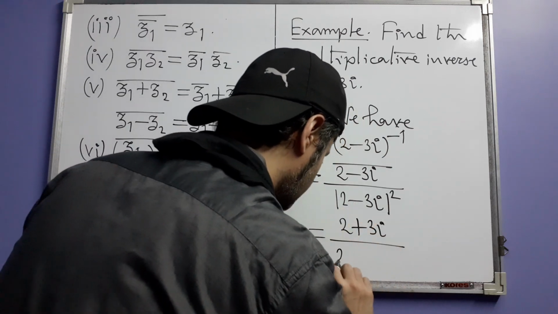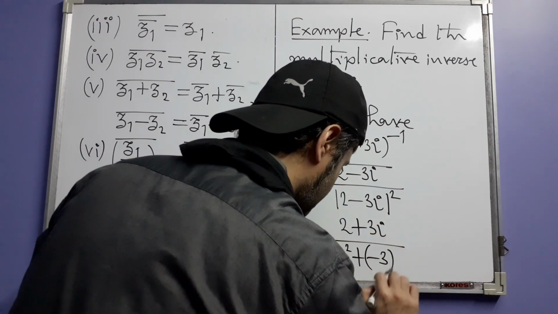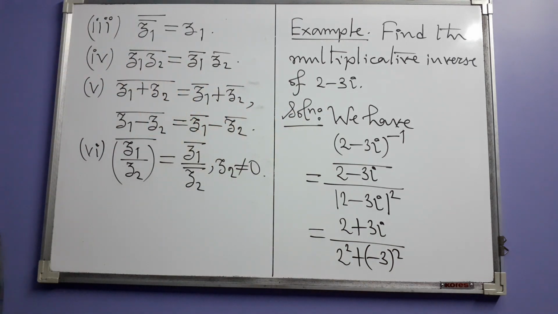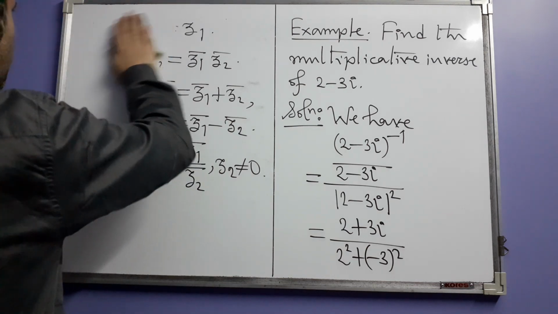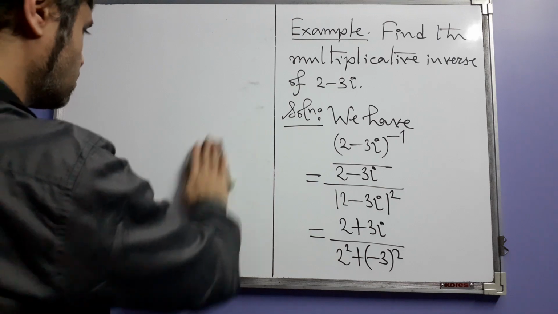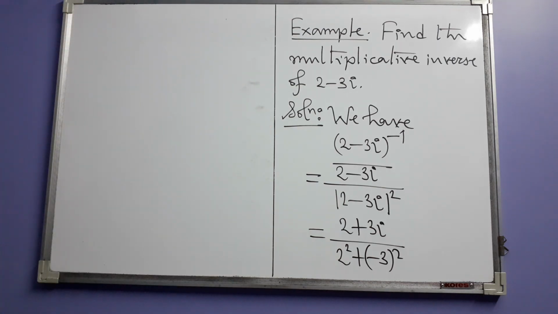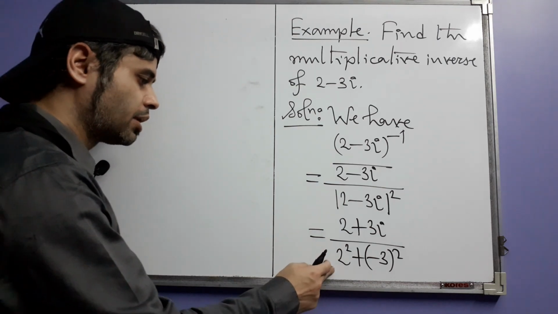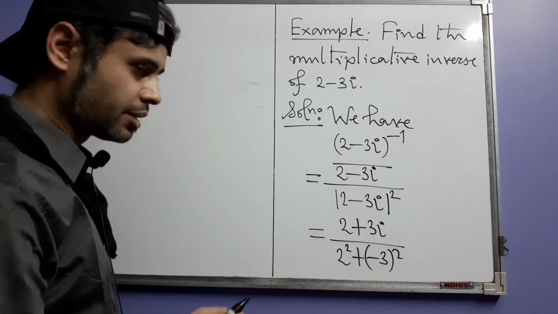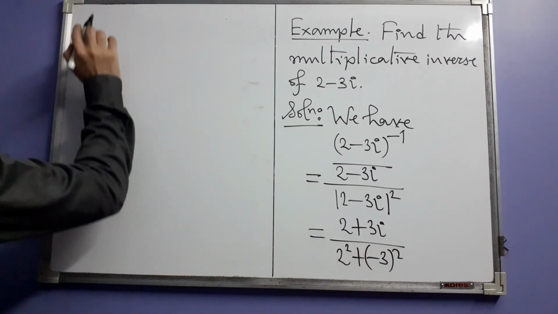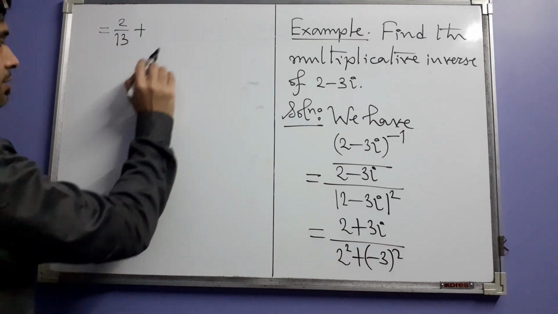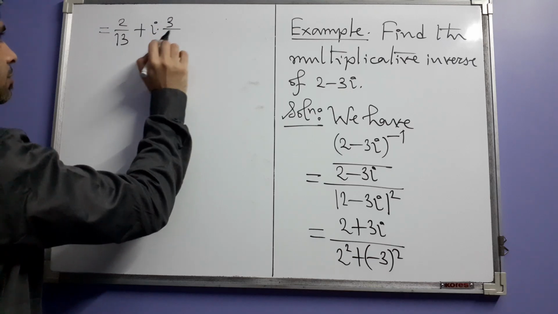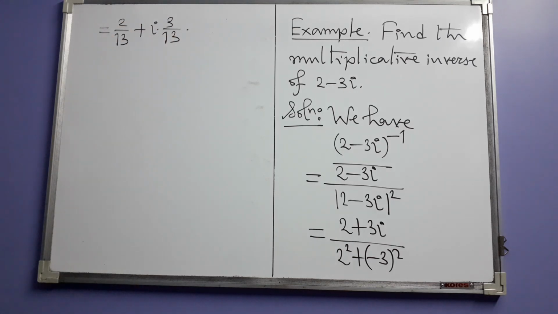And what is this? 2 square plus minus 3 whole square. So 2 square is 4 and minus 3 square is 9, that means 13. Plus i times 3 divided by 13.